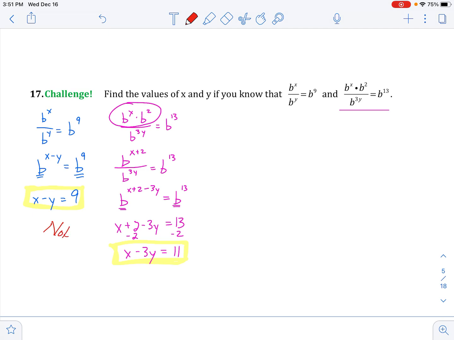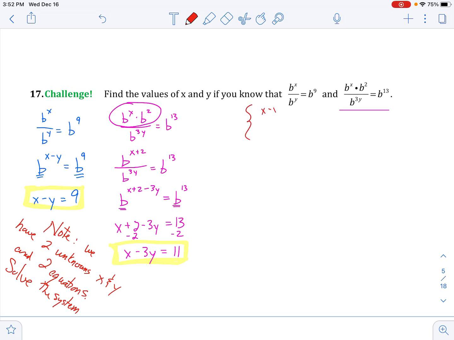I'm going to put a note. We have two unknowns, x and y, and two equations. This is a review from chapter 7, so this is solve this system. So I'm going to put my system over here.